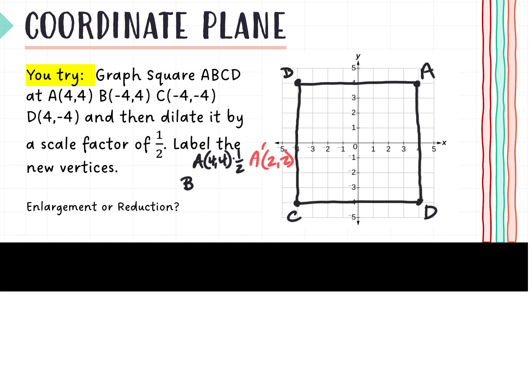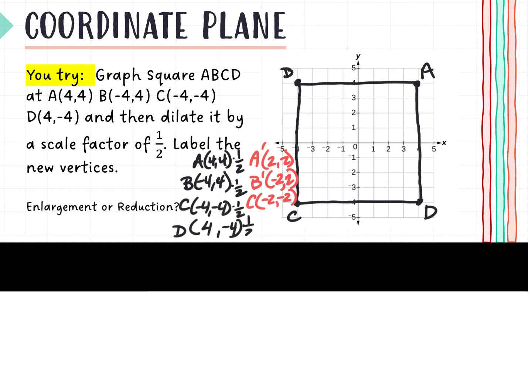All right, B was negative 4, 4 times 1/2. Now B prime is negative 2, 2. All right, C was negative 4, negative 4 times 1/2. C prime is now negative 2, negative 2. And last one, D, wait, no, D was, sorry about that, positive 4, negative 4.